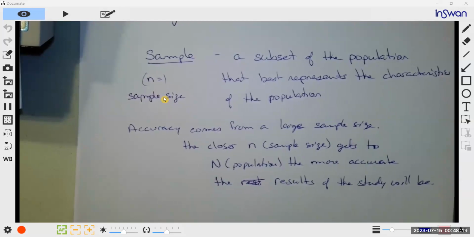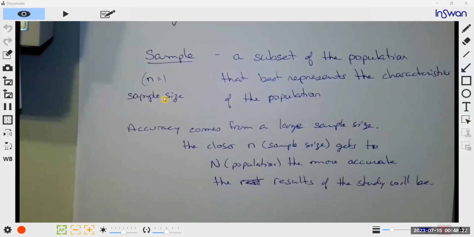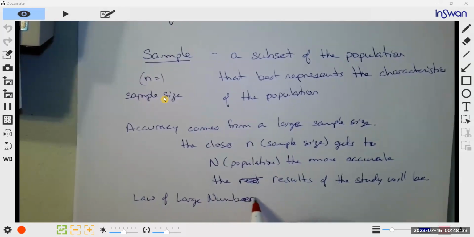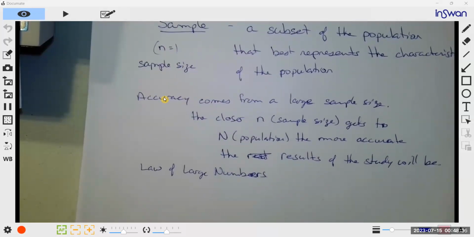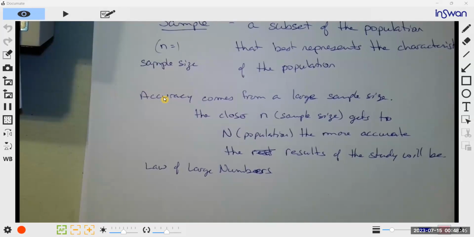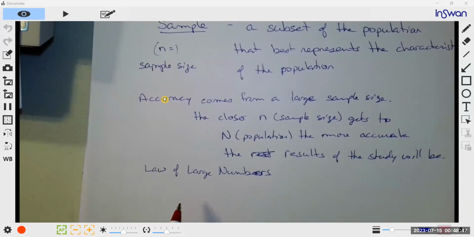Okay, and pretty much that goes in a rule called the law of large numbers. If I was to roll a die 5 times or 6 times, there are 6 sides on a die. So if I'm lucky, I get one of each type. But that probably won't happen.